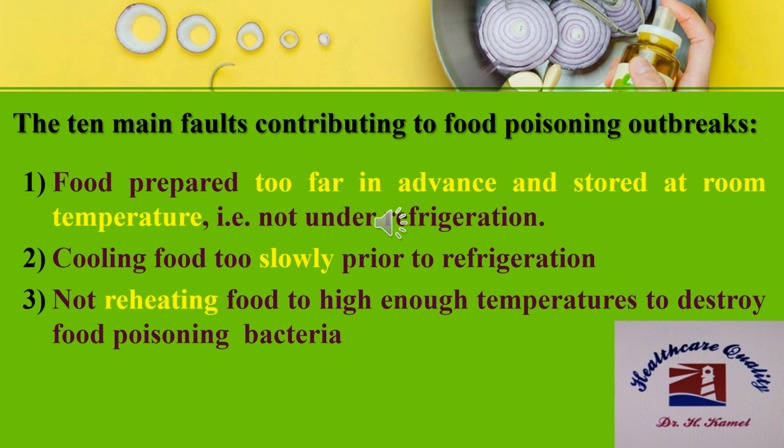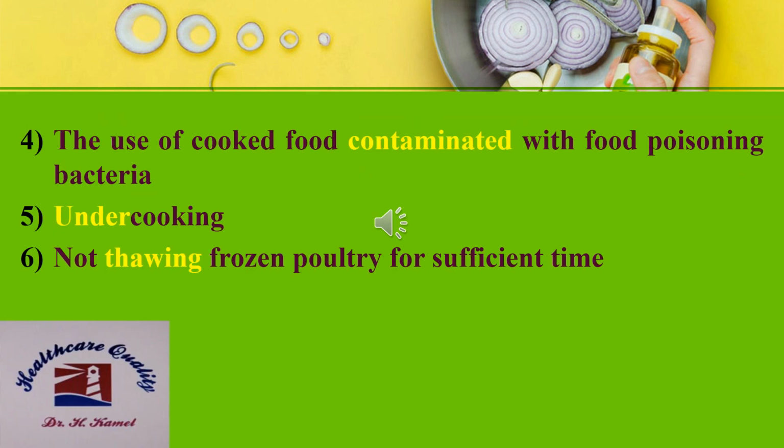Cooling food too slowly prior to refrigeration. Number 3. Not reheating food to a high enough temperature to destroy food poisoning bacteria. Number 4. The use of cooked food contaminated with food poisoning bacteria.